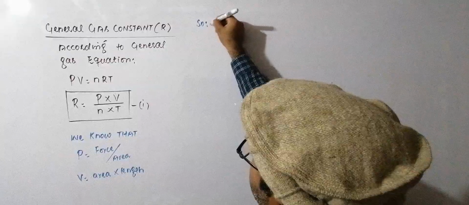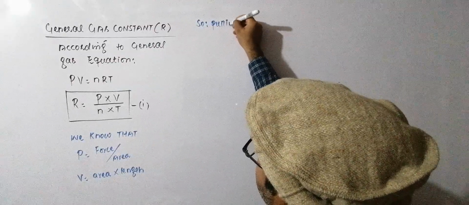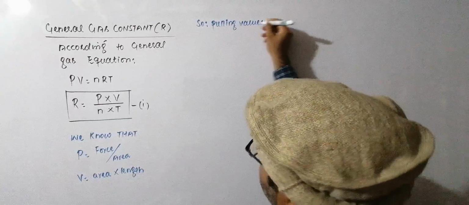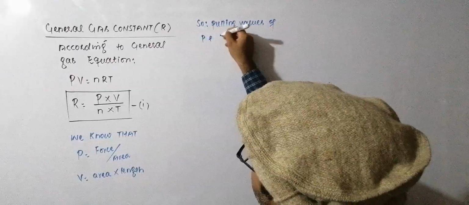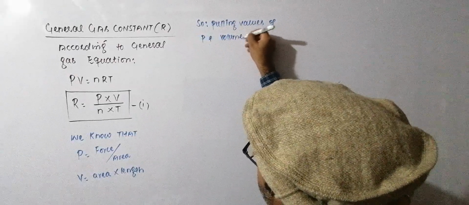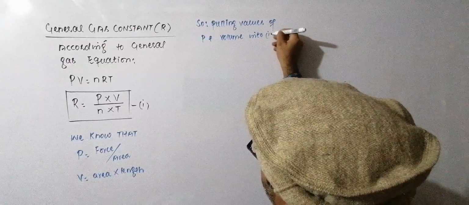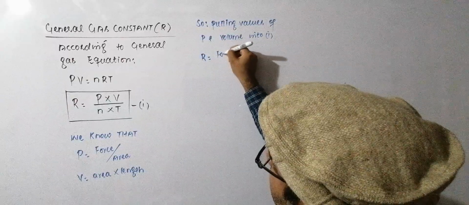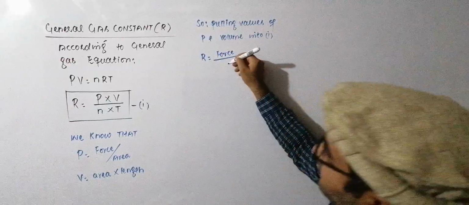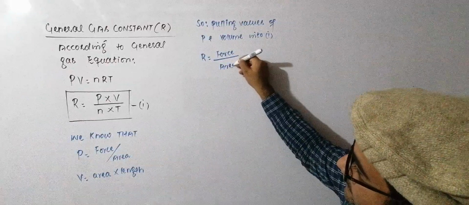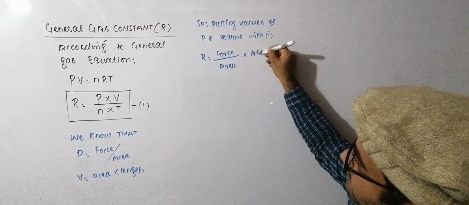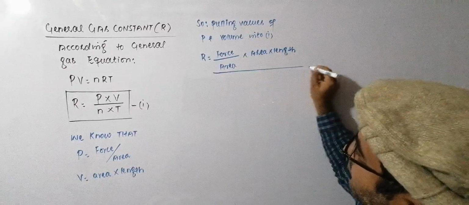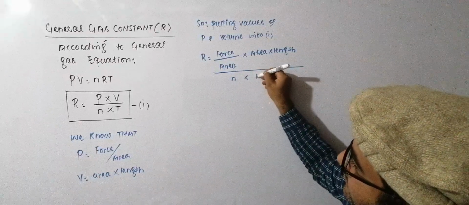So putting the formulas of pressure and volume into 1, we will get R is equal to force per unit area multiplied by area into length, divided by number of moles into absolute temperature.